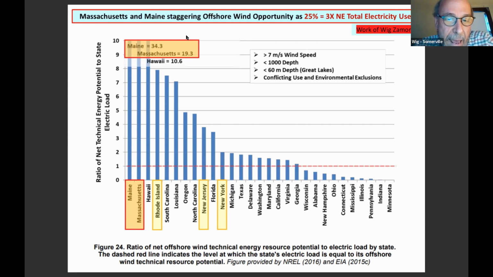And it happened that on Nantucket, both the ultra liberal and the ultra conservative billionaires didn't want the wind turbines in their faces, but this stuff can be quite a bit further out. And Maine and Massachusetts together consume just about exactly 50% of all the electricity in New England.